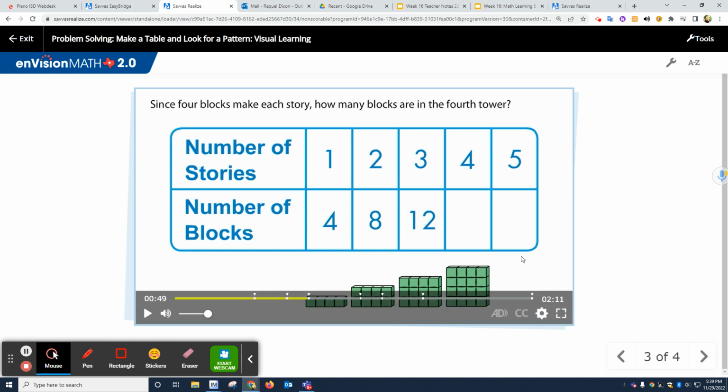And we can easily make a numerical expression, 4 times 4, and we get 16.